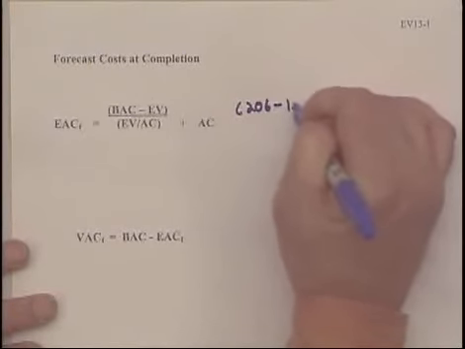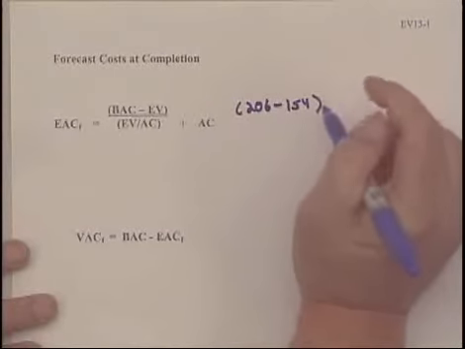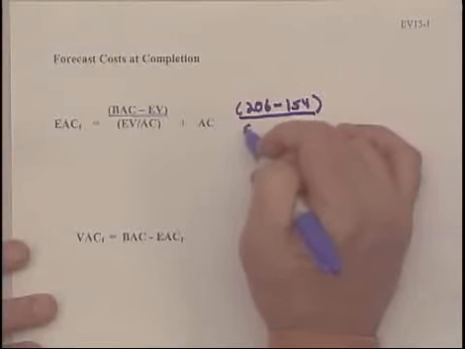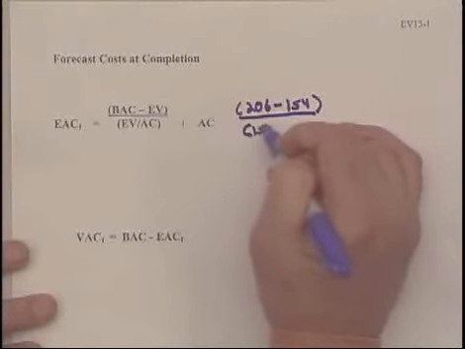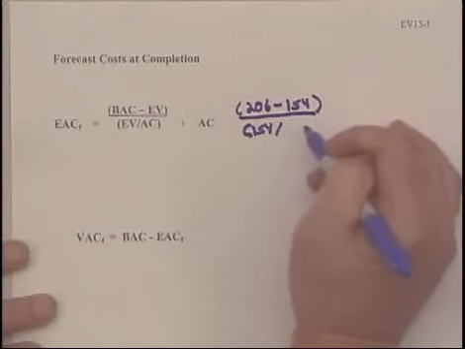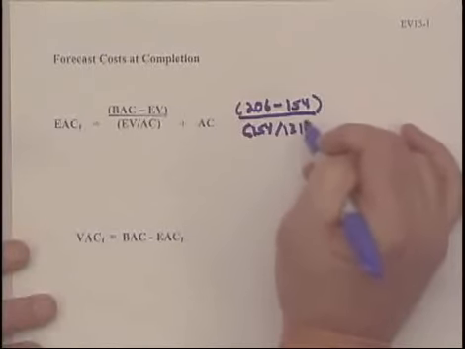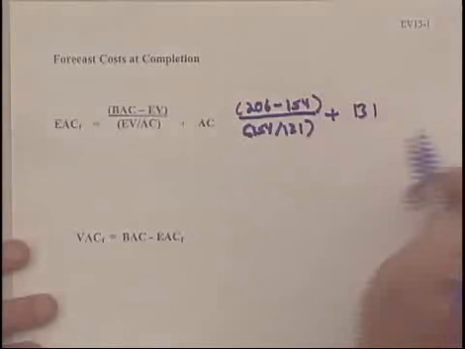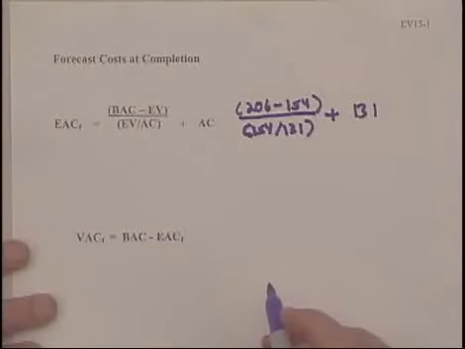At the end of the 8th period, we've earned $150,000 worth of work, which has been accomplished. You divide that 154 by the actual cost, which was 131, and then we include the cost to date, and $131,000 has been spent at the end of the 8th period.